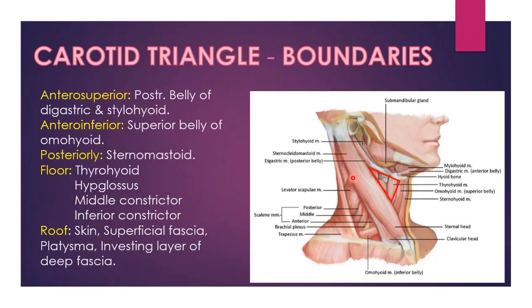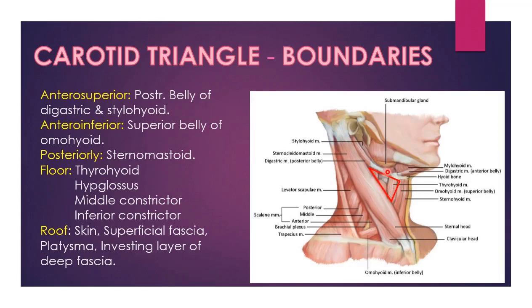As I told you, antero-superiorly by the posterior belly of digastric, antero-inferiorly by the superior belly of omohyoid, and posteriorly by the sternomastoid. The floor is mainly formed by the thyrohyoid muscle, and then a little deeper plane you have the constrictors of the pharynx, mainly the middle constrictor and the inferior constrictor.